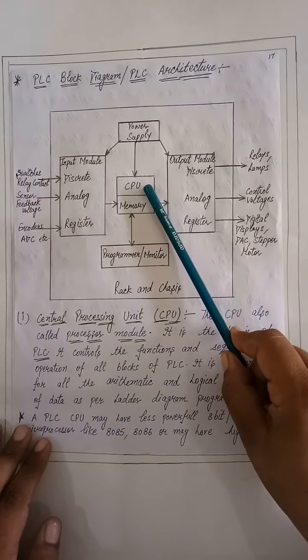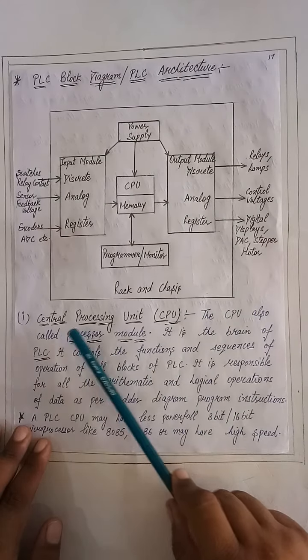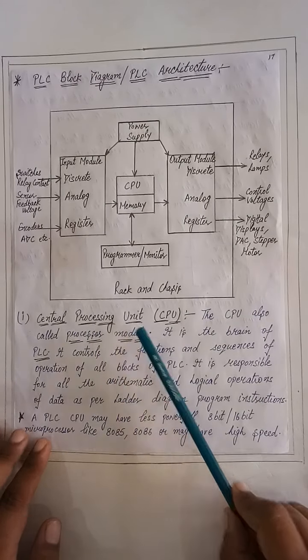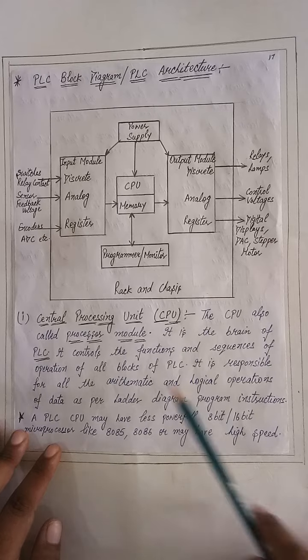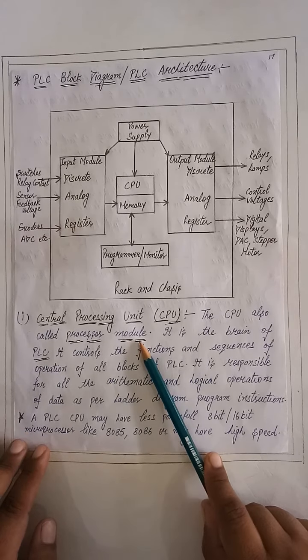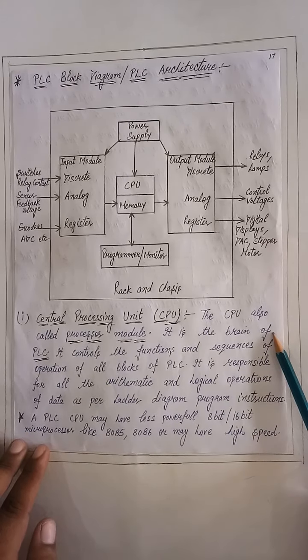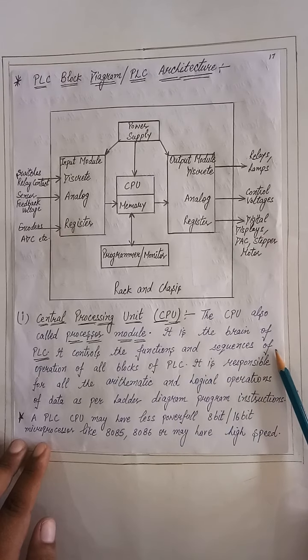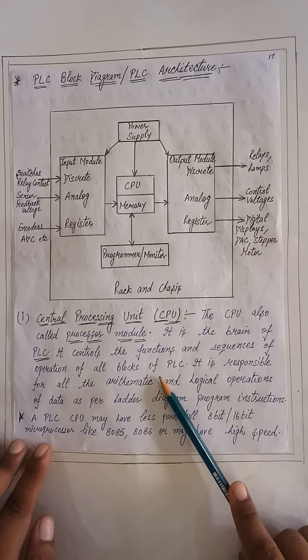First, CPU, Central Processing Unit. The CPU, also called processor module, is the brain of PLC. It controls the functions and sequences of operations of all blocks of PLC.